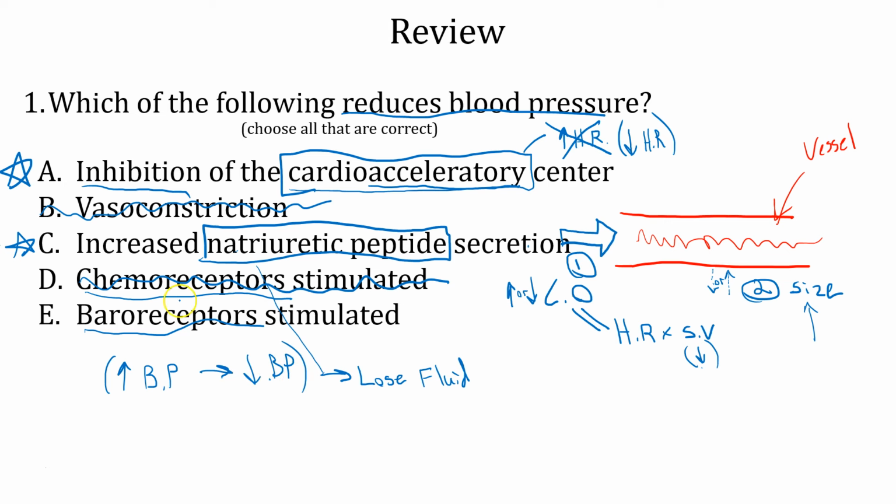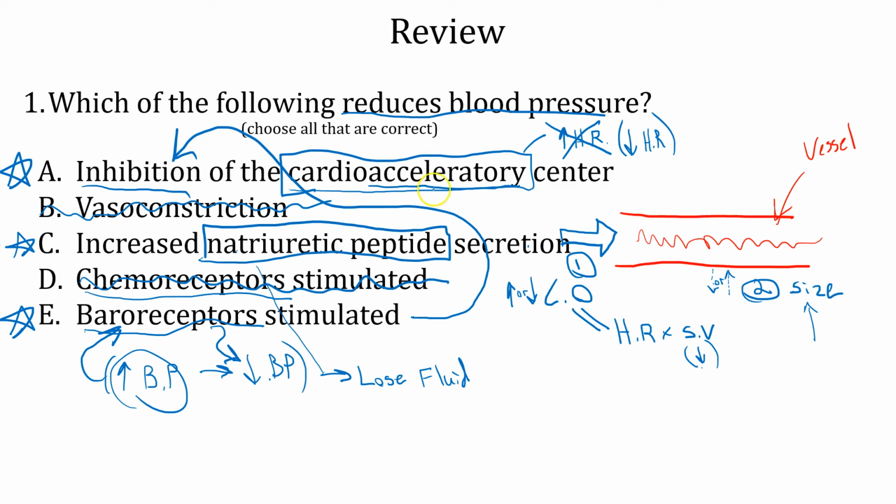Because it would seem appropriate that if there's high blood pressure stimulating those baroreceptors, then the body is going to work to try and lower blood pressure. So without even thinking about all the physiological effects of this, it's safe to say that this would help to reduce blood pressure. And one of the very effects of stimulating baroreceptors is to inhibit cardioacceleratory centers. So these two are kind of the same.